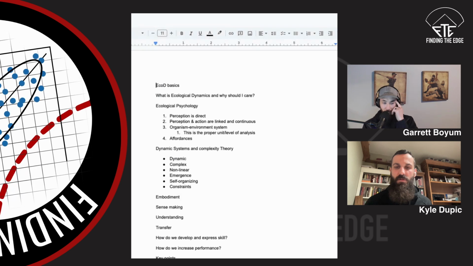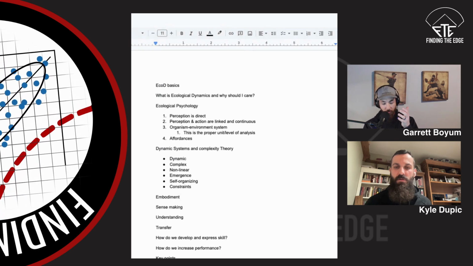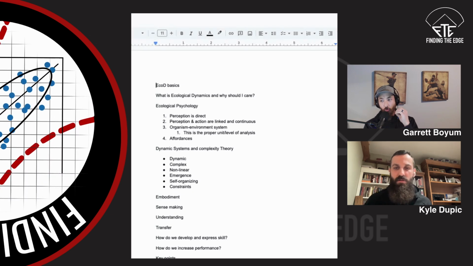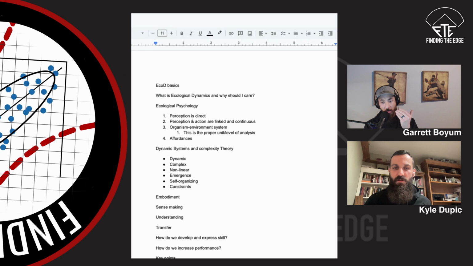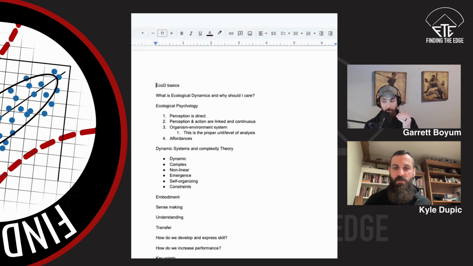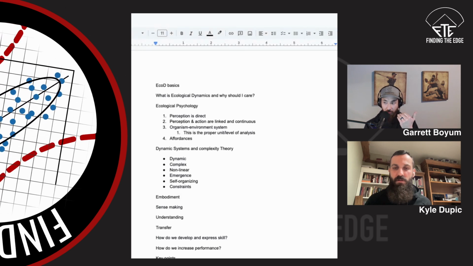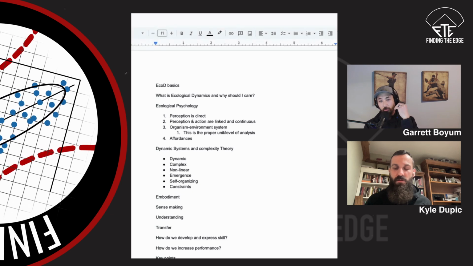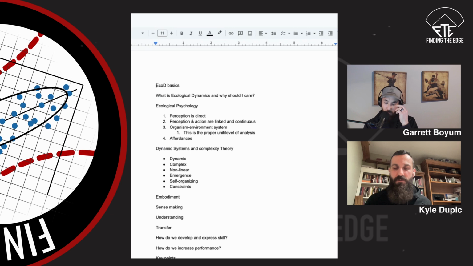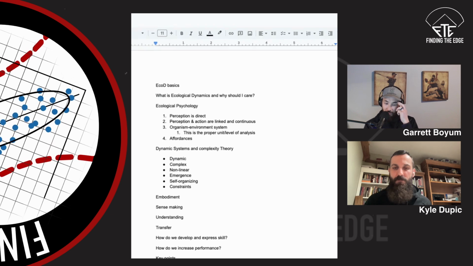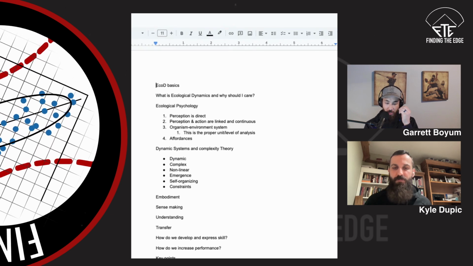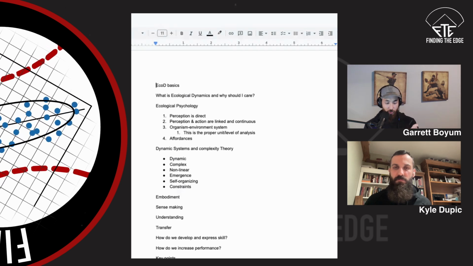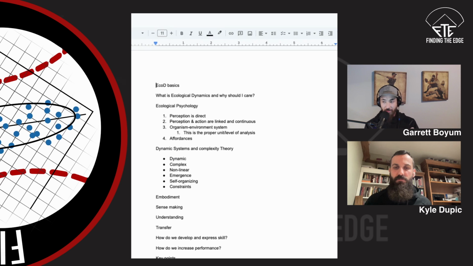So when Kyle brought up the asymmetry between the organism and the environment, traditional coaching focuses on the athlete, the organism, so much so that it forgets the environment or throws it in at the end. Ecological dynamics says we cannot separate those two things. They should always be kept together.